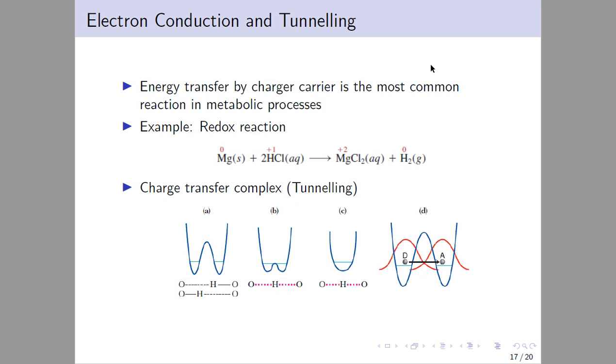Okay, so in order to send the signal from our sensor to our brain to be interpreted, we have this electron conduction and tunneling. Energy transfer by charge carriers is the most common reaction in metabolic processes. So these are example redox reactions.